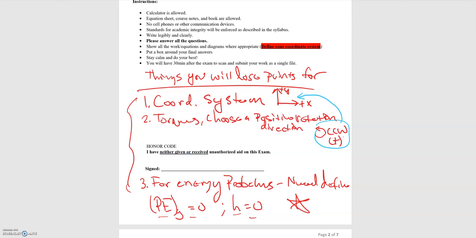That's going to be 2 to 3 points. So if you don't have those, then you're already starting with a 17, 18 out of 20. You're starting with a 90 or an 85 just for missing those. So make sure you have them. They're important because they dictate the signs and the magnitudes of certain values. So you have to have them to be able to accurately solve a problem.